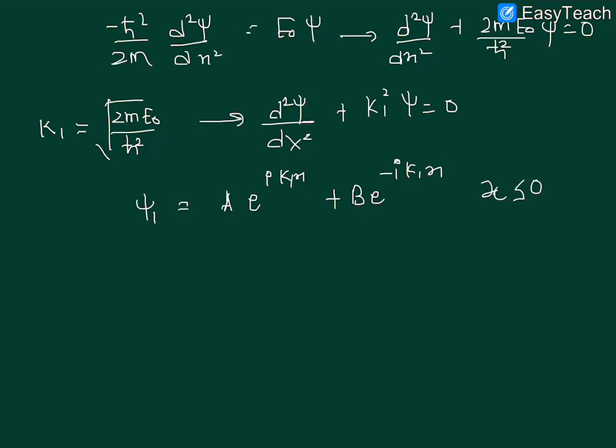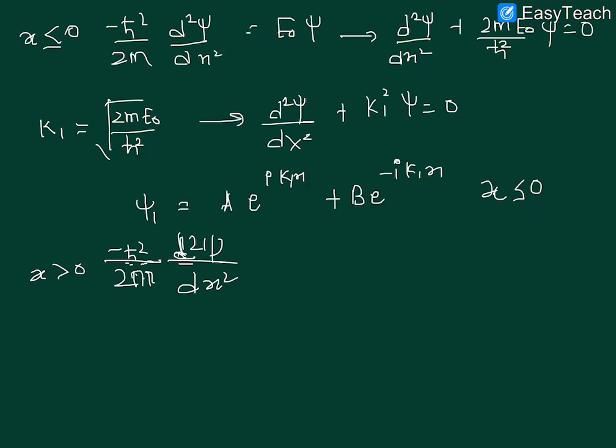Okay, so this is some kind of a general solution for second order differential equations of such kind of form. This is for x less than equal to 0, and now we move on to x greater than 0, and the equation in our hand is minus h cut square by 2m d square psi by dx square.